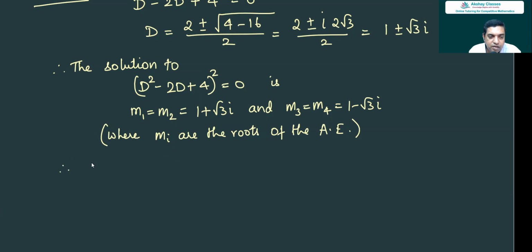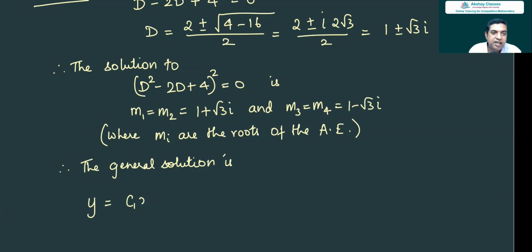So therefore, the complementary solution or the general solution is y is equal to e power alpha x.